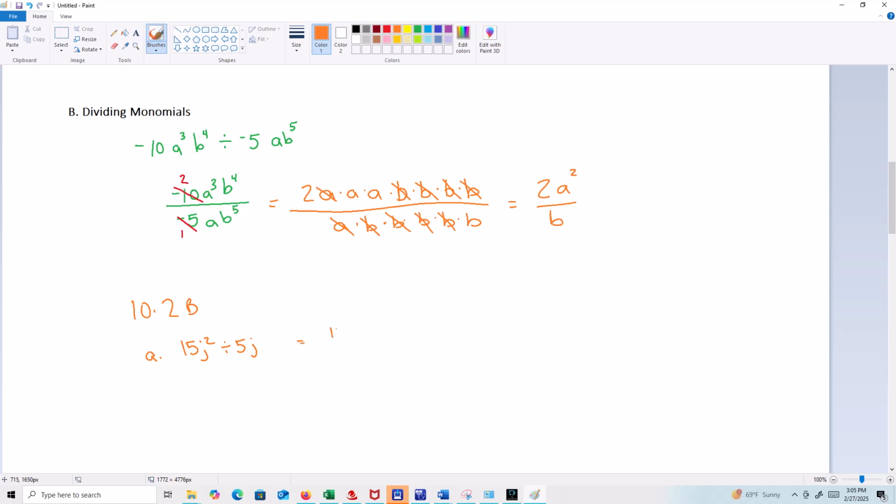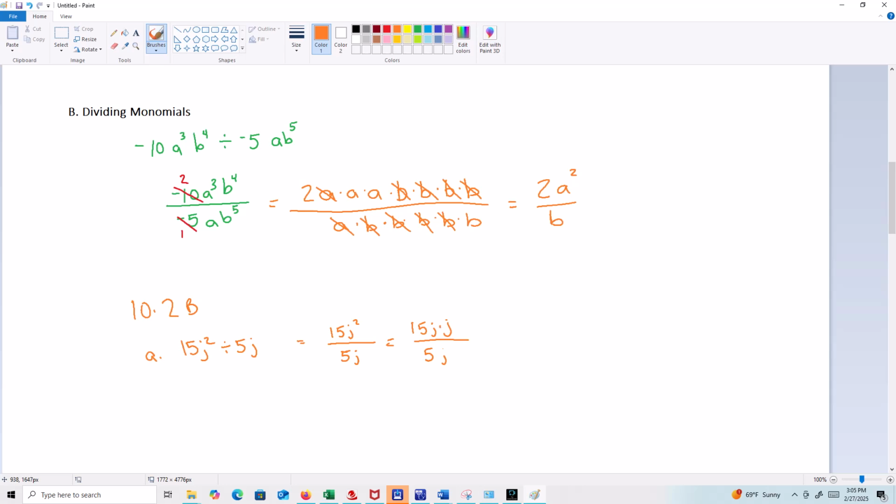This equals 15j squared divided by 5j. Positive divided by a positive is going to be positive. And you don't have to do all of these steps if you see it, but I am doing it here just to be really clear.